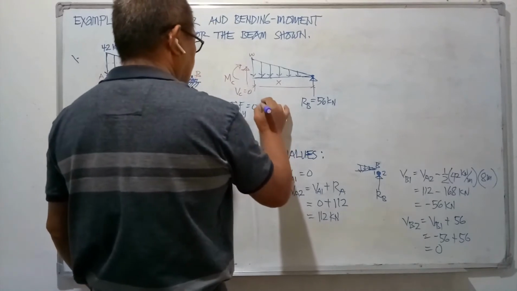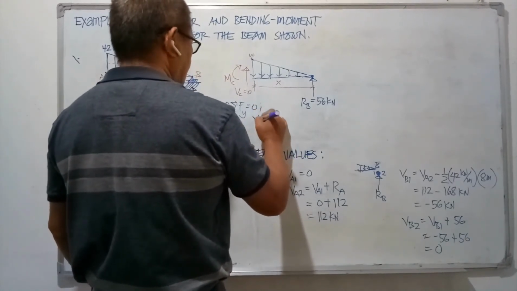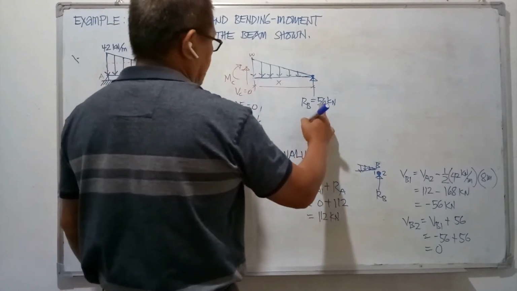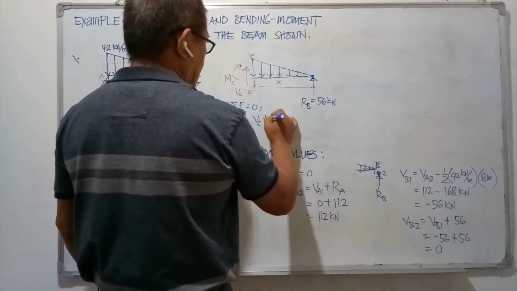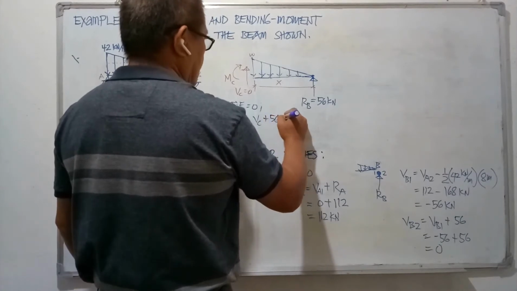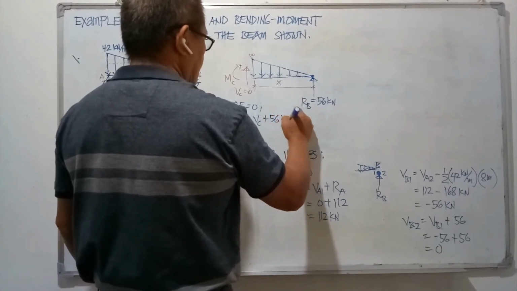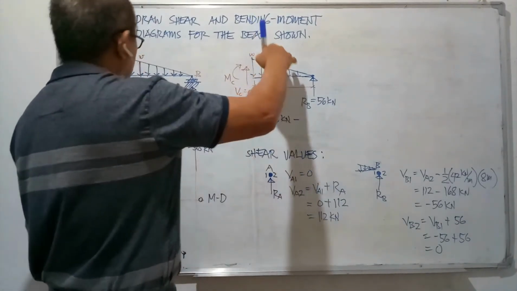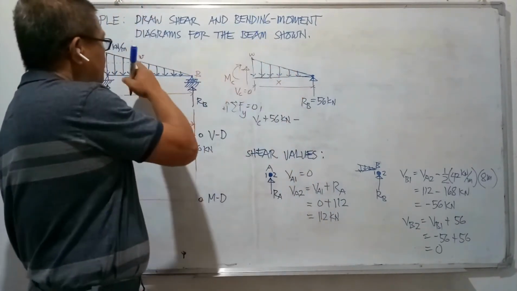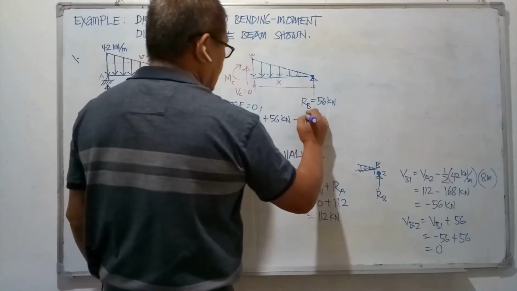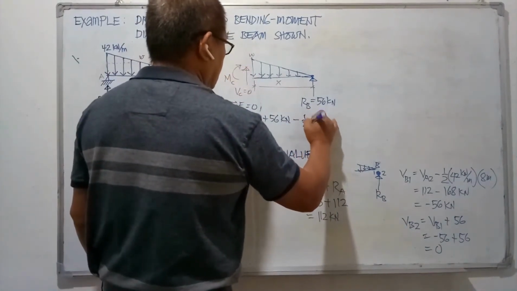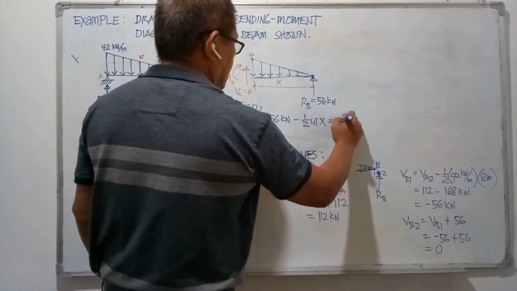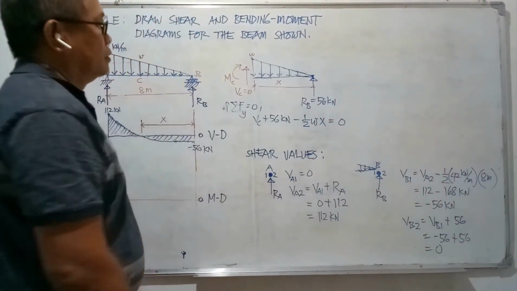We will have V sub C upwards positive plus 56 kilonewtons and minus the triangular load with maximum magnitude of W. We have W times X over 2, plus V sub B, which is 0.